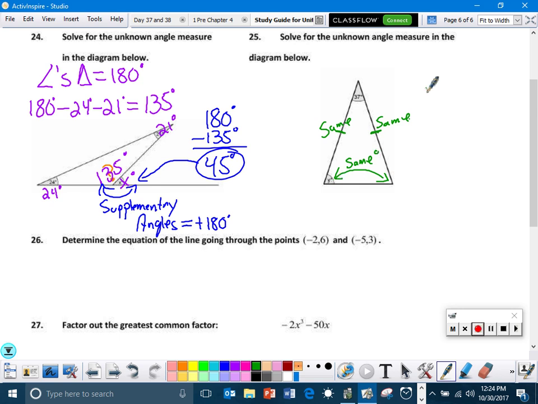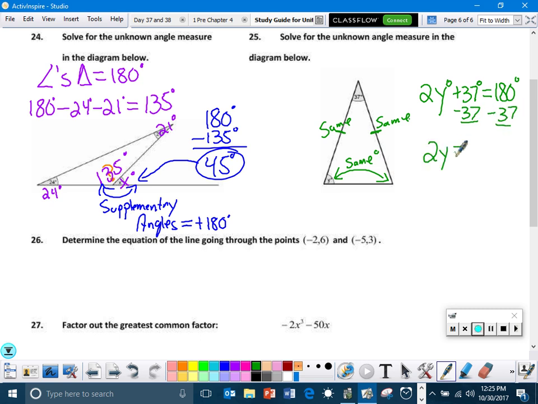So I'm going to do this with an equation. There's two angle y's because they're the same size, plus the 37 is supposed to equal 180 degrees. I'm going to solve this like a two-step equation. I'm going to subtract 37 degrees.